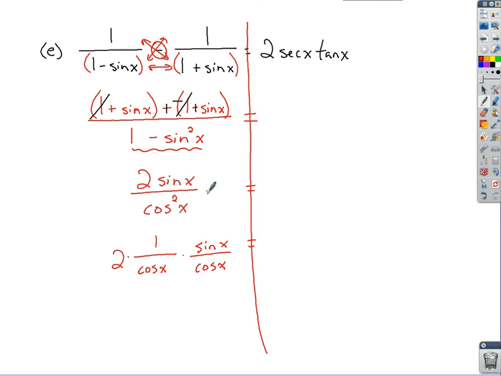But I'm doing this with the purpose of trying to turn it in to the other side. I've now accomplished that goal because I got that 2 in front. 1 over cosine becomes secant of x, and sine of x over cosine of x becomes tangent of x. That one was a little tricky because you do have to really take note of what's happening on that right side.